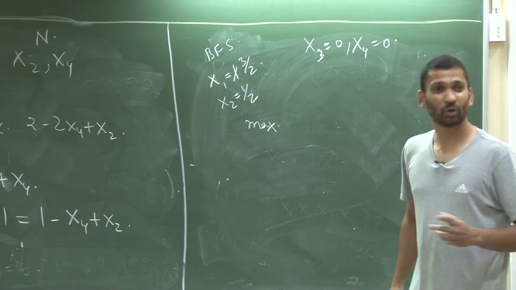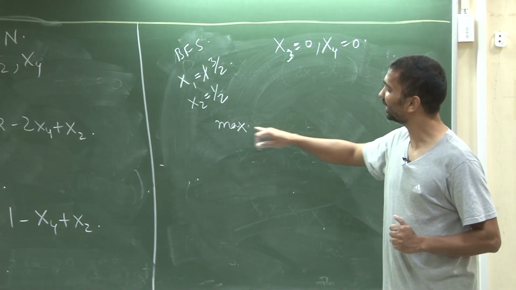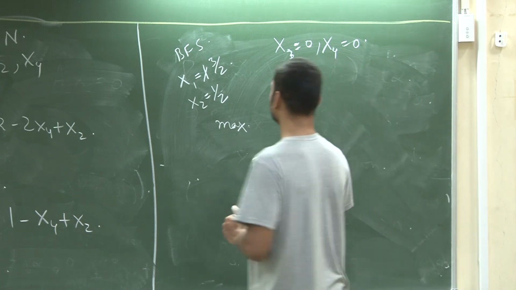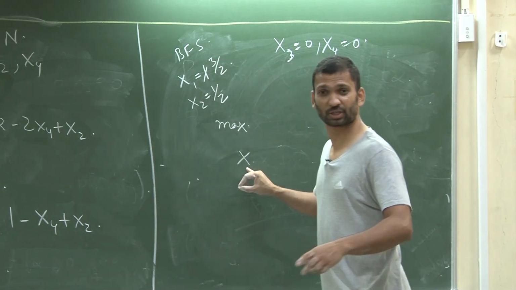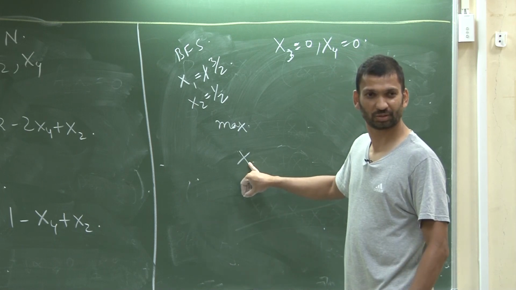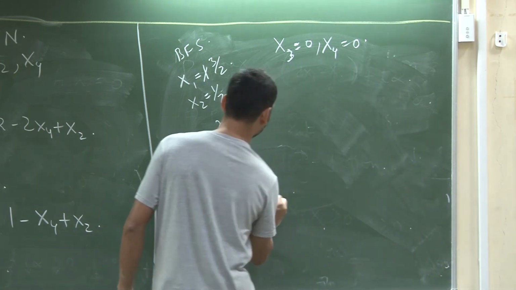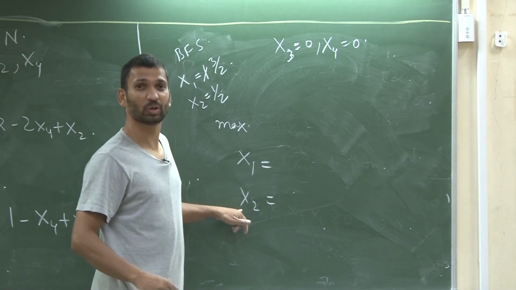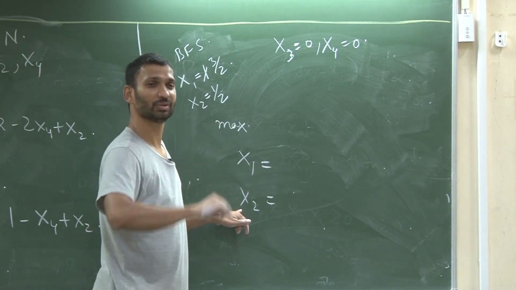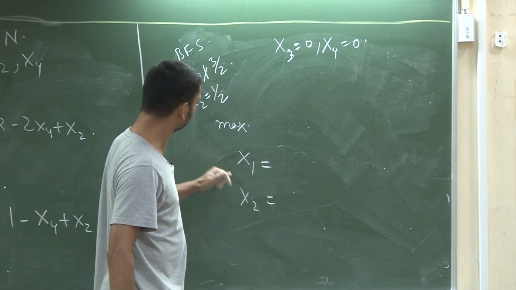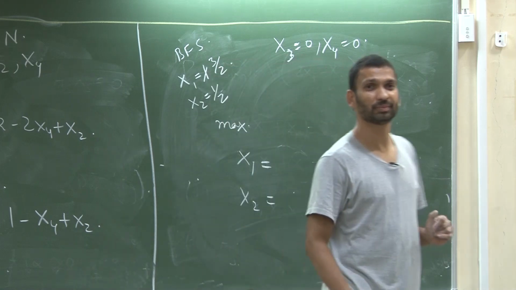Okay. Okay, so now let me do this thing. Ananya, tell me what will come here. Maximize. First equation, so this should be x1 or x2. What should come here? x1, x2 or x3, x4? In what terms should I write? x1, x2. Okay, good. So x1 equation, you will tell me. x2 equation, Kumar will tell me. x1 equation, yes, I told you. Tell me what will be the maximum?